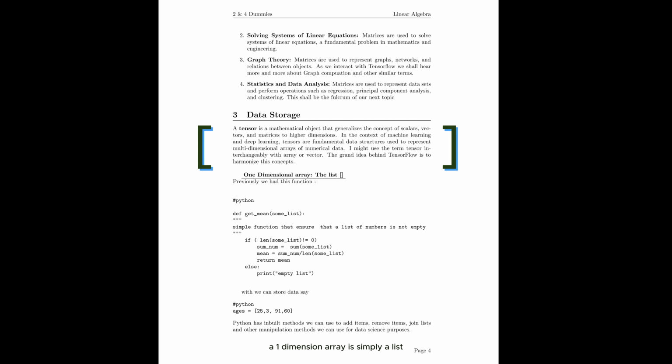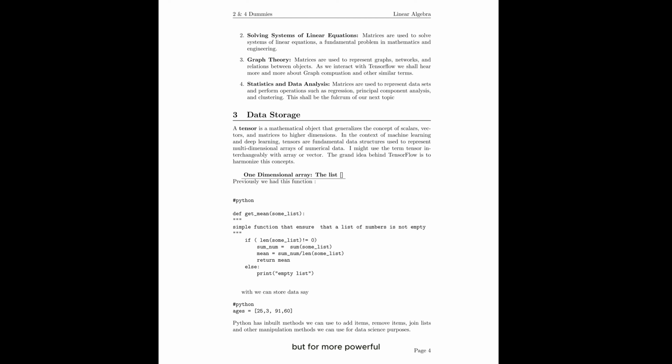So there we have a one-dimensional array. A one-dimensional array is simply a list, and I simply borrowed our previous method to illustrate how an array looks. One thing about lists is that Python has some very good methods that are built into the program, and you can use them for various operations.